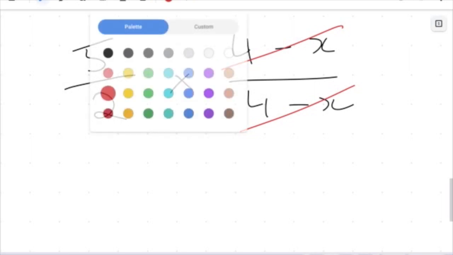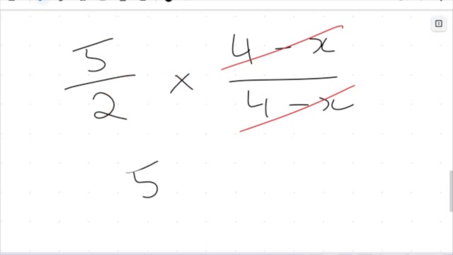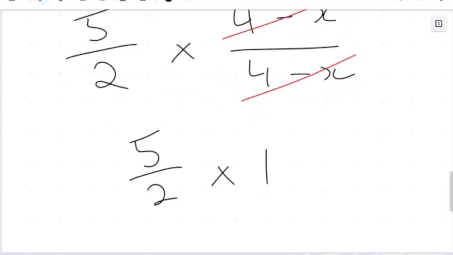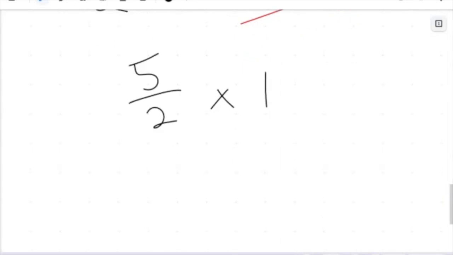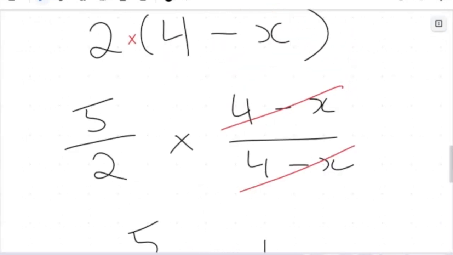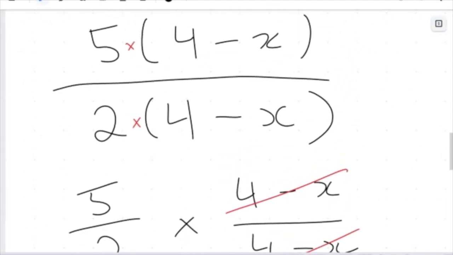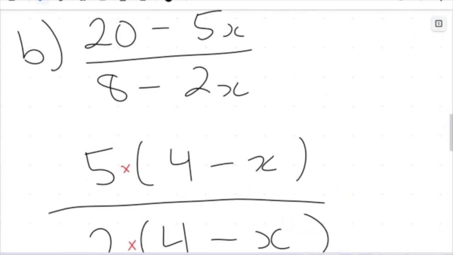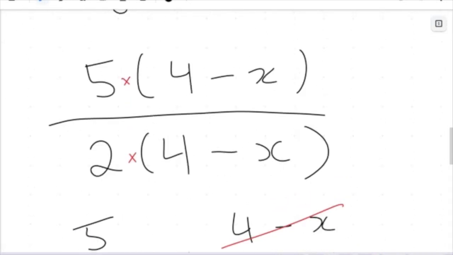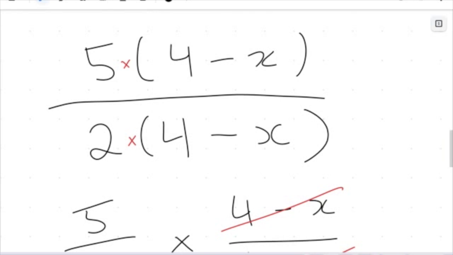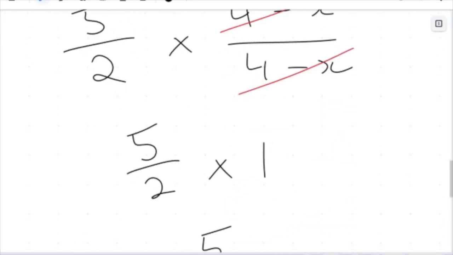So this is now like saying 5 on 2 times 1, or just 5 on 2. And that is our answer in its simplest form. By doing what we've learned about factorizing, we can break this up into separate products. And in doing that, we can see we have algebraic terms top and bottom. These will cancel out.